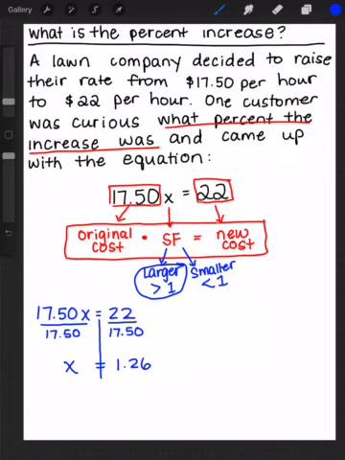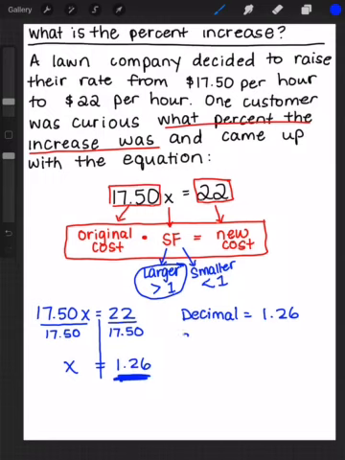But now I need to go back and see what the question is asking me. It's asking, what is the percent increase? This is not an answer in percent. That is a decimal. So we know the decimal is 1.26.